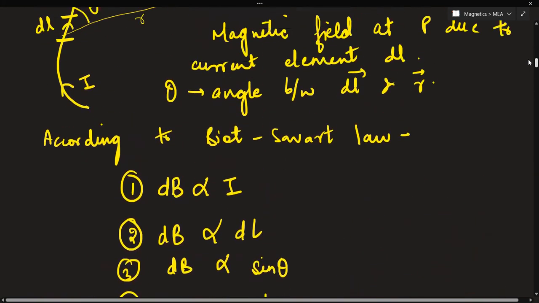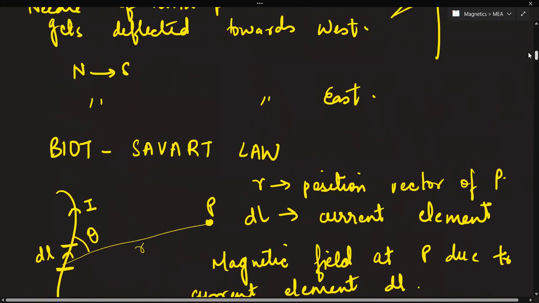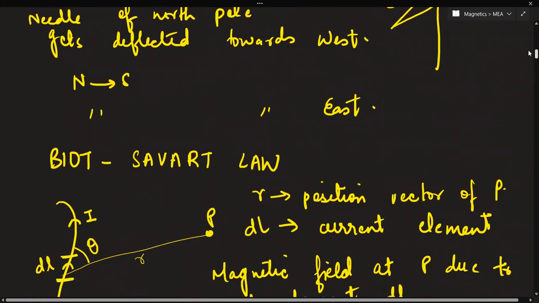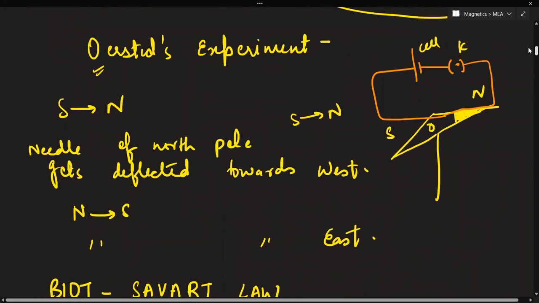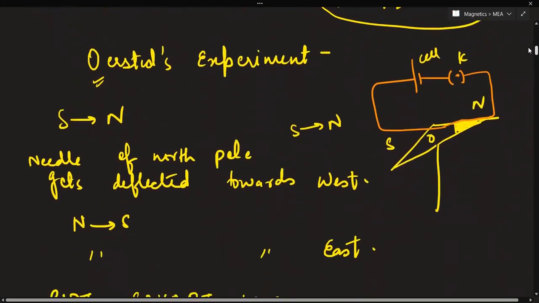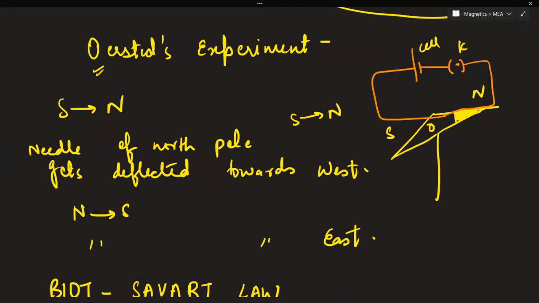The proportionality constant k depends on the medium between the observation point and the current element, for whichever system of units is chosen. And k's value I'll discuss. You have a certain value of k, but before that, just note it down. The way you had 9 into 10 to the power 9, here also you have a certain value for the constant.